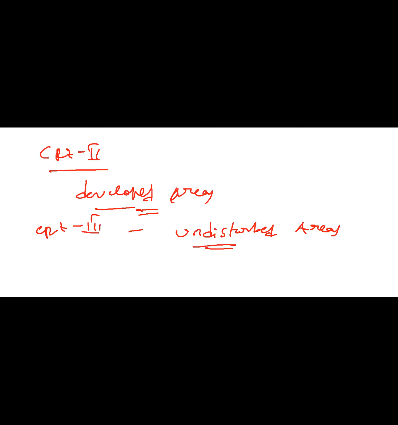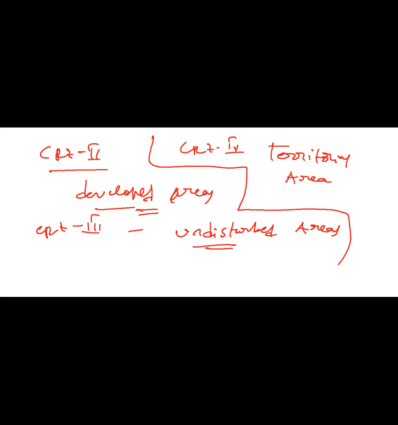Next is CRZ4. What is CRZ4? It is actually regulating the territorial area. I will explain this. To understand this particular concept, first let us try to understand the concept of tides.